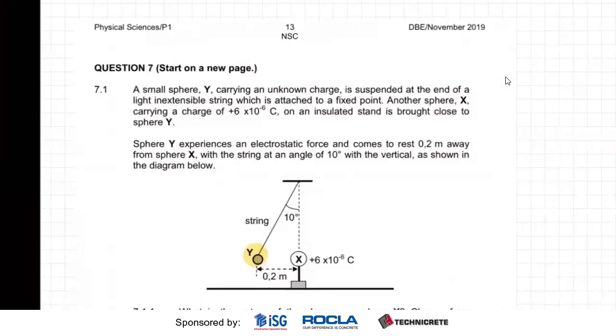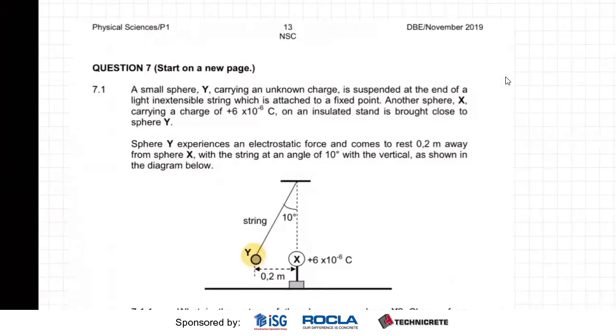Now we are asked in question 7.1.1, what is the nature of the charge on sphere Y? Choose from positive or negative.